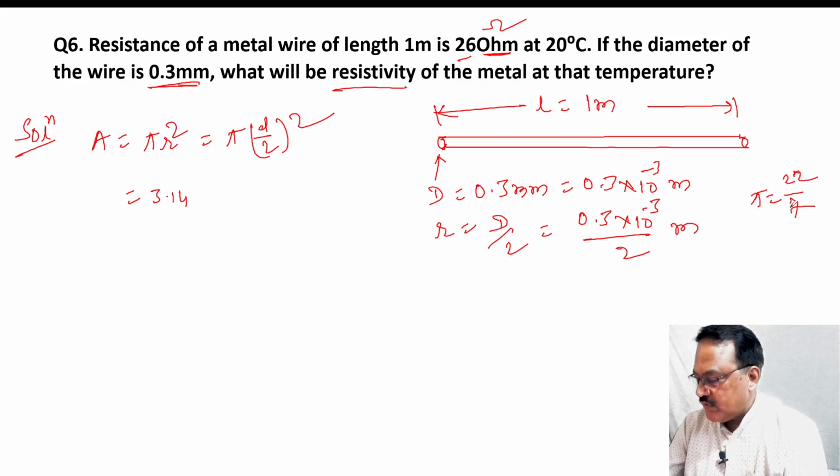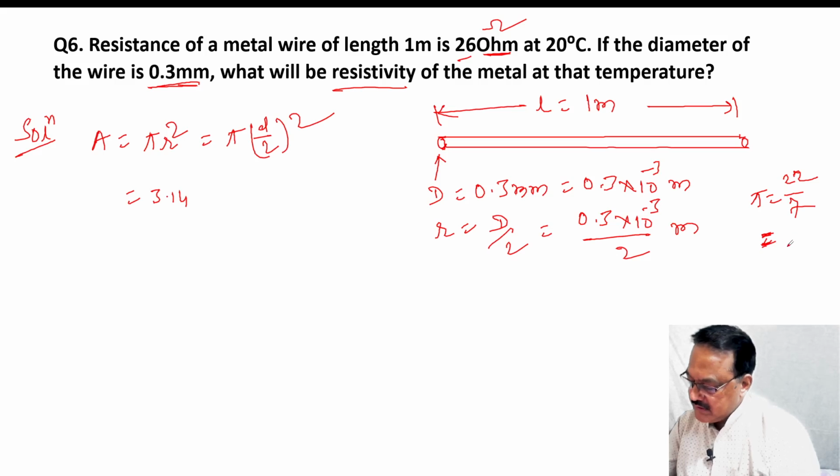Okay. This is the ratio of what? Just for better understanding, if this is the circle and this is the diameter D, this is the ratio of the circumference divided by the diameter.